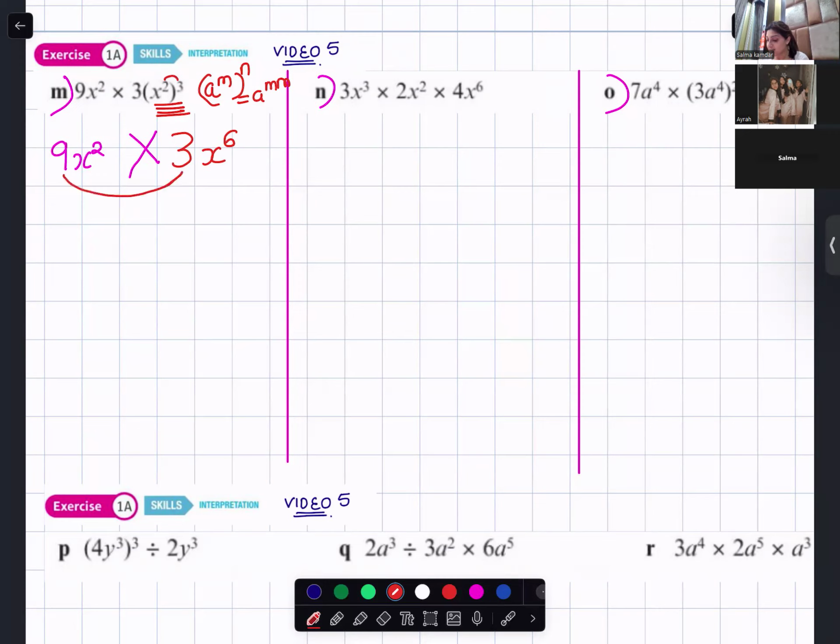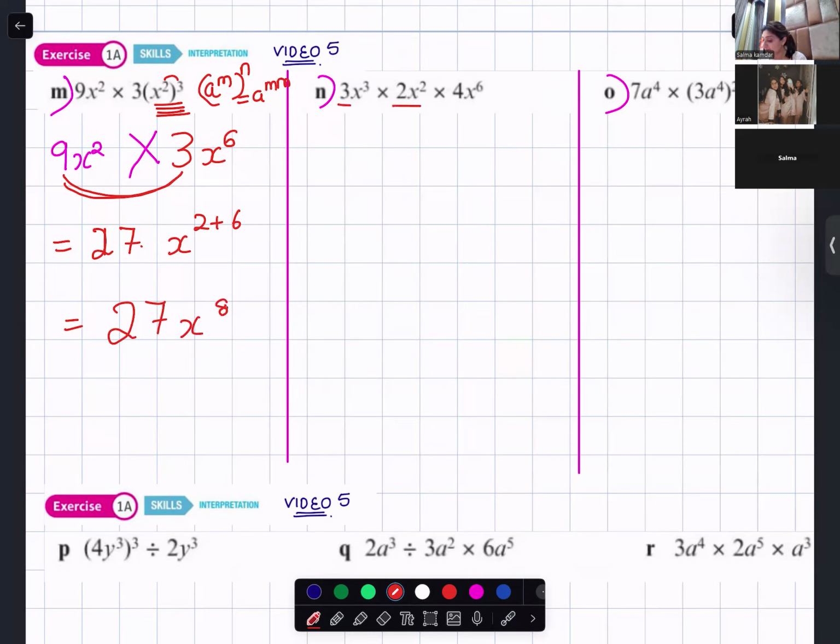Now constant separately. 9 into 3 is 27. Variable separately. Multiplication means add. So you will add 2 plus 6. So this becomes 27x raised to 8.